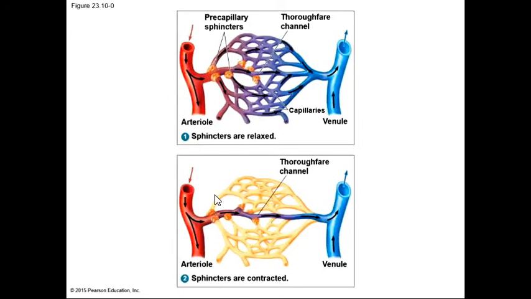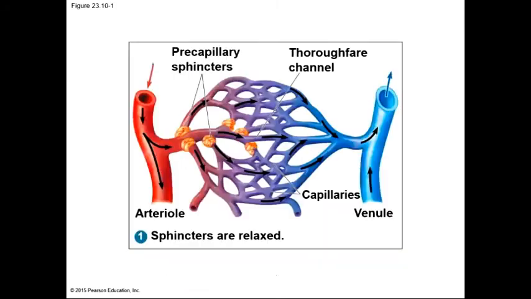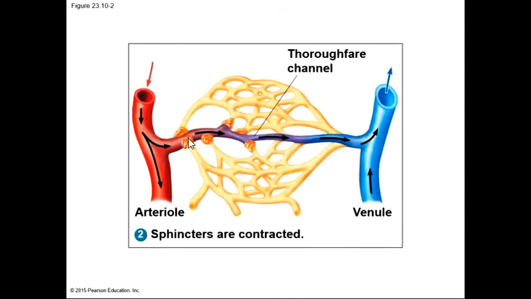When they close, blood is bypassed through this thoroughfare channel, so it goes directly from an arteriole here to a venule. Again, when they're open, blood is allowed to pass through the capillary bed entirely. When it's closed, blood flow is restricted strictly to the thoroughfare channel.